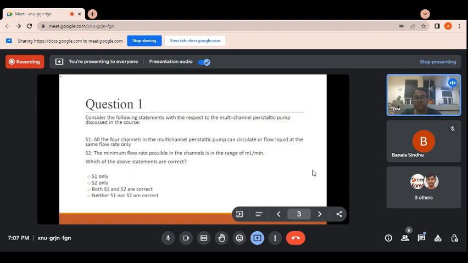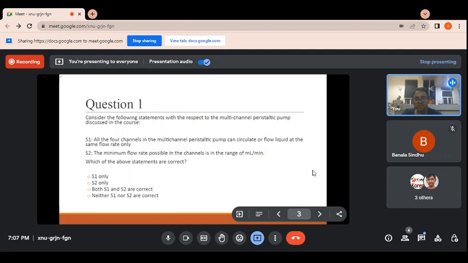The first question is: consider the following statements with respect to the multi-channel peristaltic pump discussed in the course. Statement 1: the 4 channels in the multi-channel peristaltic pump can circulate liquid at the same flow rate only. Statement 2: the minimum flow rate possible in the channel is in the range of milliliter per minute. Which of the above statements are correct?